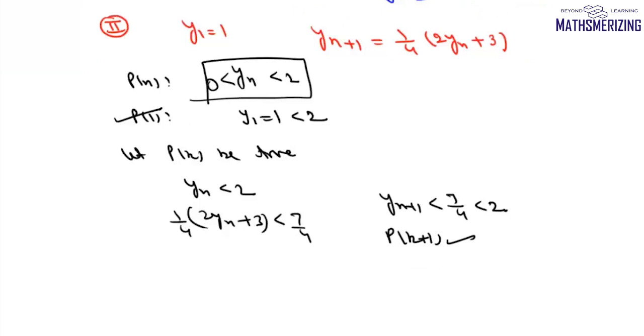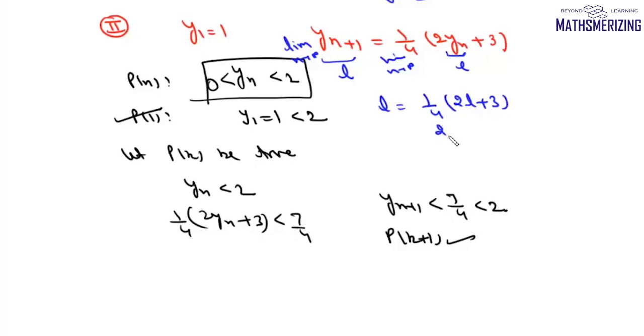Now we need to find the limit point of the sequence. For the limit point of the sequence, we'll take limit n tends to infinity. Now we know that the sequence is both monotonic and bounded. So this sequence must be a convergent sequence, and suppose it converges to some limit L. So limit of yn plus 1 will be L, and then limit n tends to infinity of yn will also be L. So we can write L equals 1 by 4 of 2L plus 3.